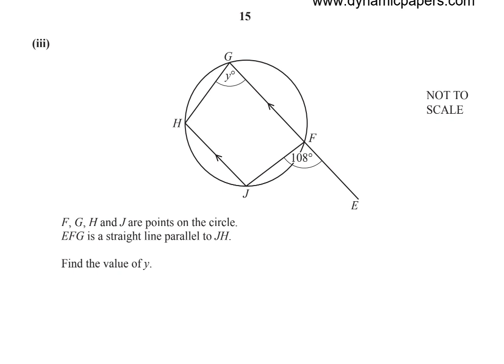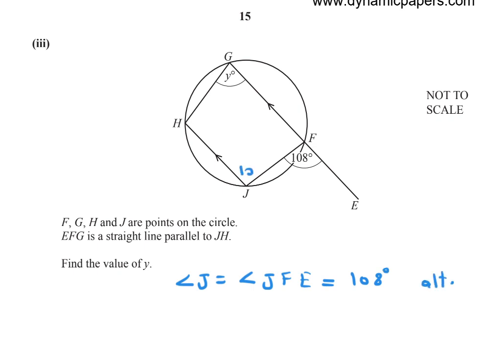(iii) F, G, H and J are points on the circle. EFG is a straight line parallel to JH. Find the value of Y. We need to find Y. Angle J equals 108 because of alternate angles. So angle J equals angle JFE equals 108 because of alternate angles.